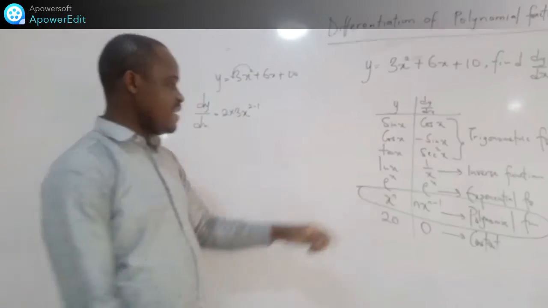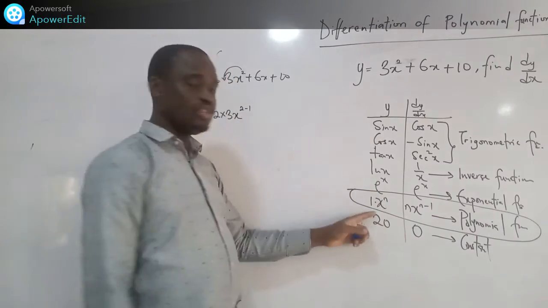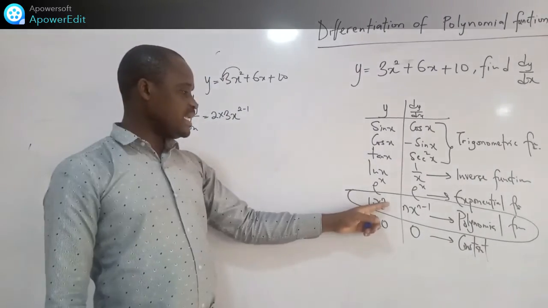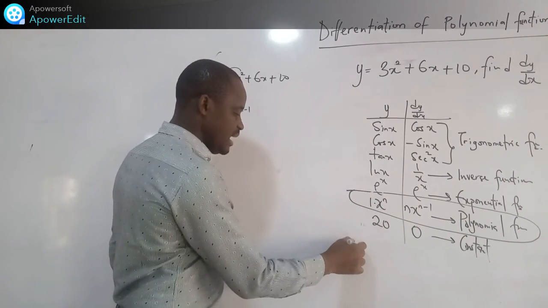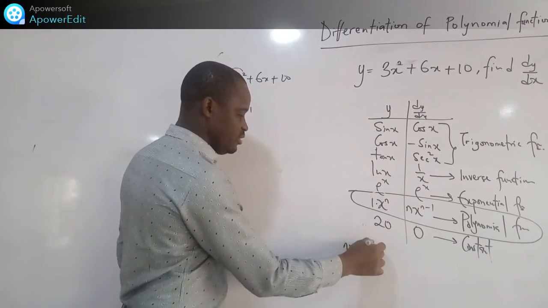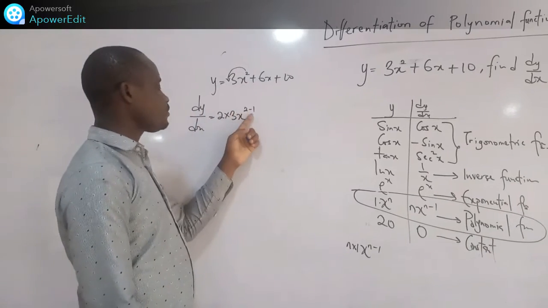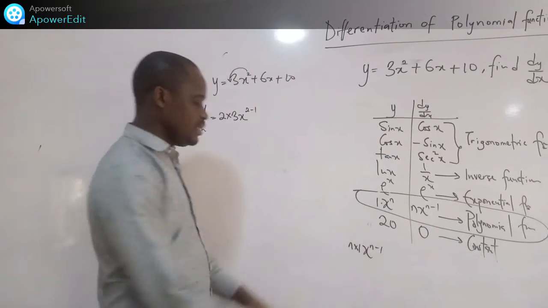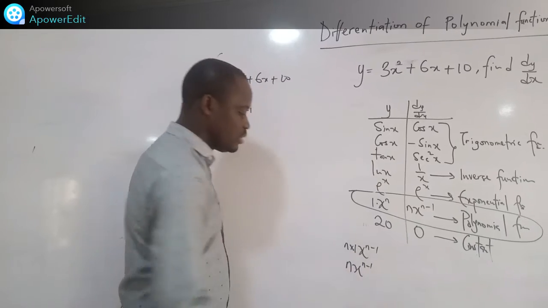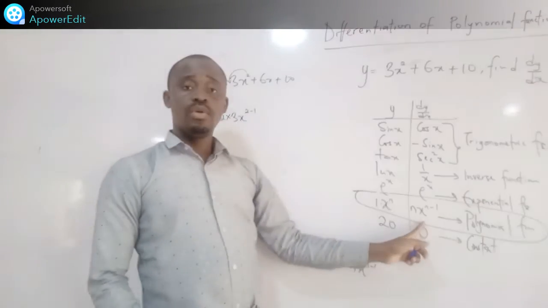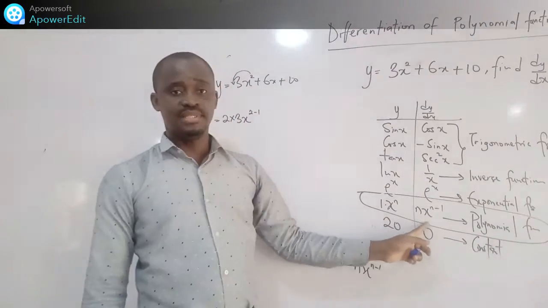Because this one has a coefficient of 1 which you cannot see. And when this n comes down, that will be n times 1 times x^(n-1). That's exactly what I've done here. So this becomes nx^(n-1). That is how the polynomial rule was generated.